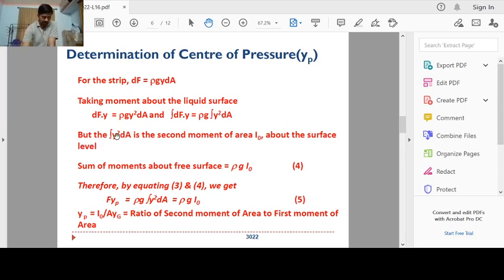But integral y square dA is the second moment of area. Integral y dA is the first moment of area, and integral y square dA is the second moment of area, represented by I naught. It is also known as the moment of inertia about the free surface.